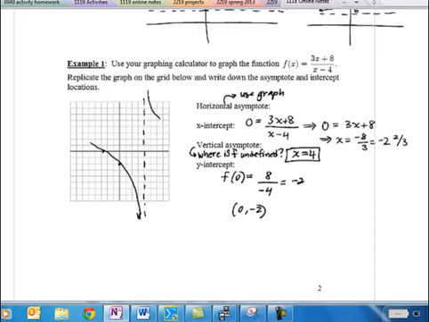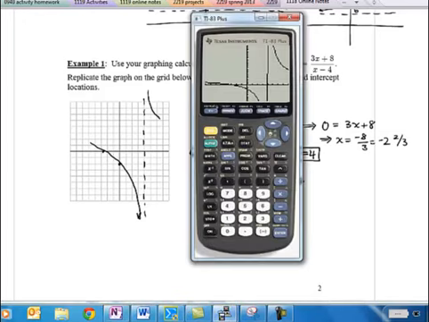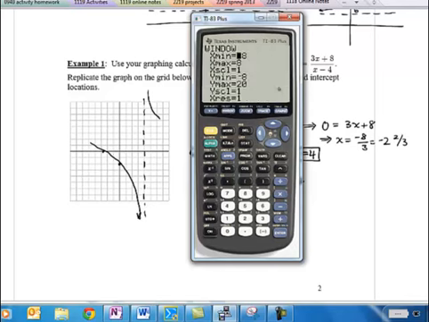And then that question about the horizontal asymptote was what's going on when x is large. So we want to zoom way out so that we can see for large values of x, what are the y's doing? So I'm going to expand this window greatly. I'm going to make it negative 100 to 100.